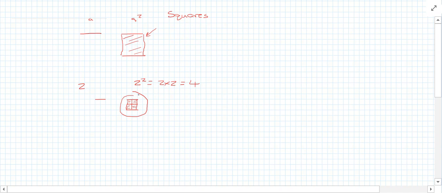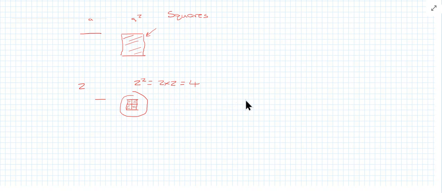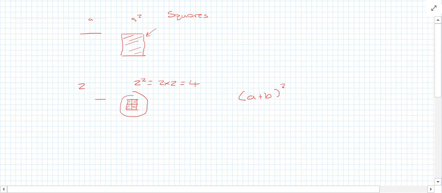Now we can take this same principle and apply it to some more complicated maths. If we have a plus b, all squared, you may have learned that this is equal to a squared plus 2ab plus b squared.